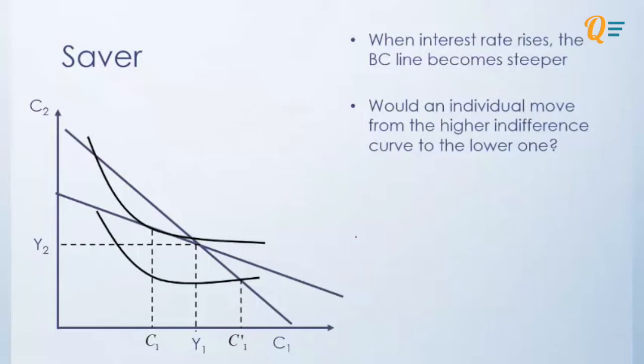Look at this hypothetical indifference curve where it intersects at C1 prime. This is obviously a lower indifference curve when he tries to move to borrowing more money to consume more in the present period. So obviously the answer is no.